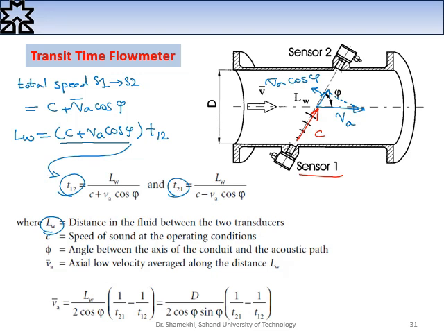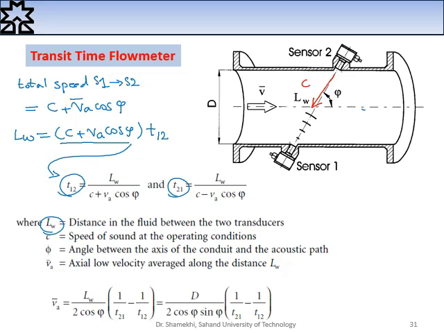In the reverse path, let me write these notes. In the reverse path, when we send sound from sensor 2 to sensor 1, we have a speed of C in this direction because of the speed of sound.